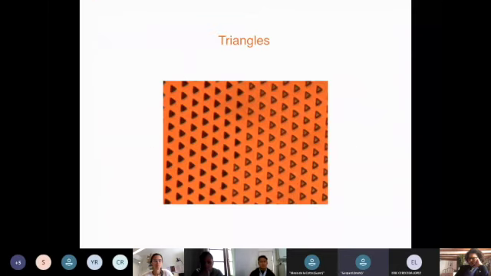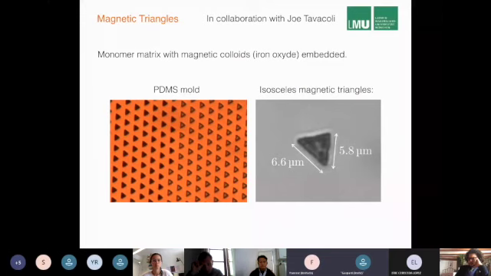To start with, we will talk about the triangular shape. These are magnetic triangles that are made in Germany by Joe Tabaccoli at the University of Munich. They are made of a monomer matrix with magnetic colloids embedded in it.